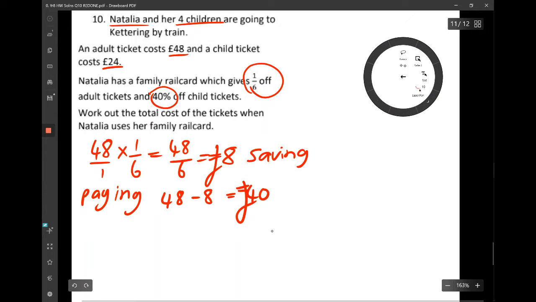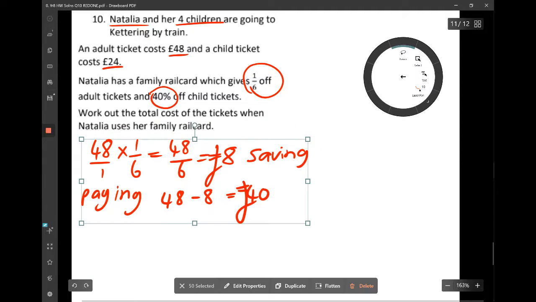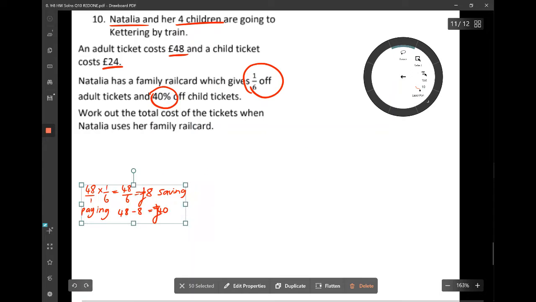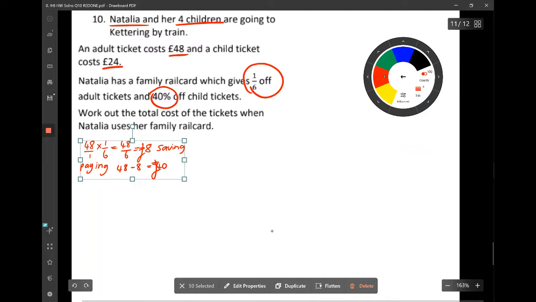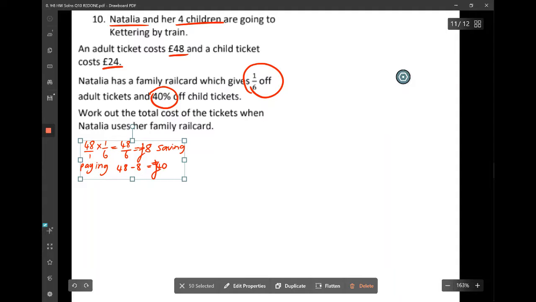Okay, so we now need to figure out what the children are going to be paying for their tickets. We know that the child tickets cost £24 each. We know that there's a 40% discount, so in other words, she's paying 60%.